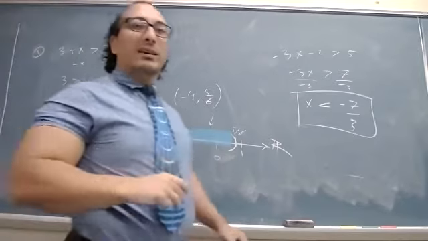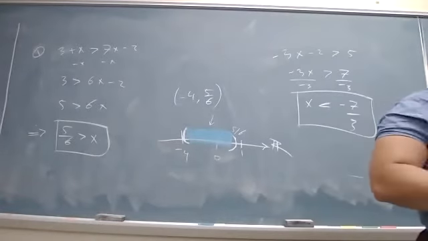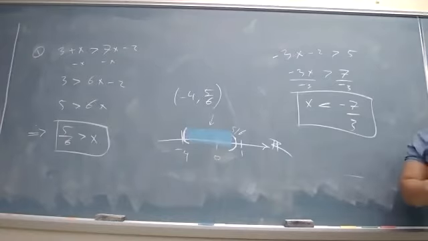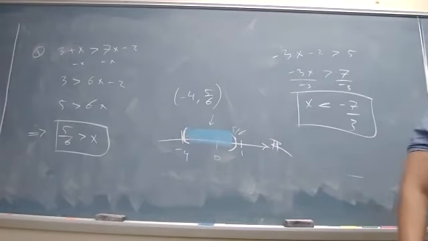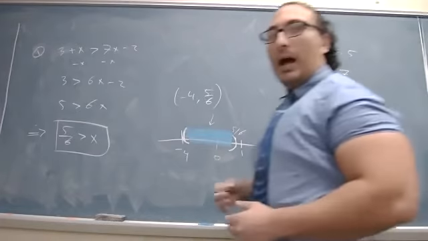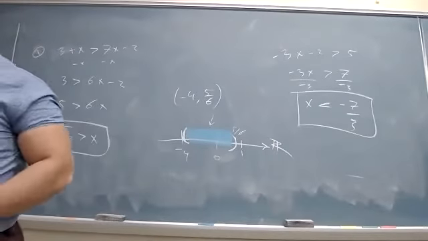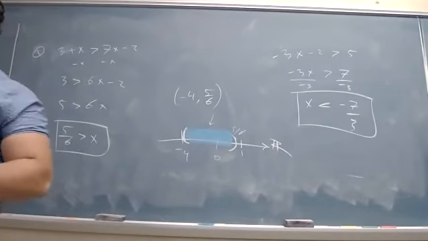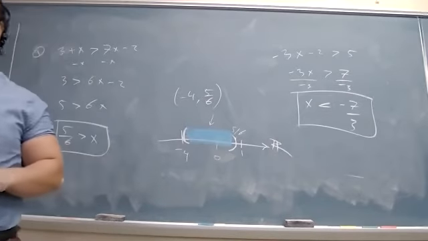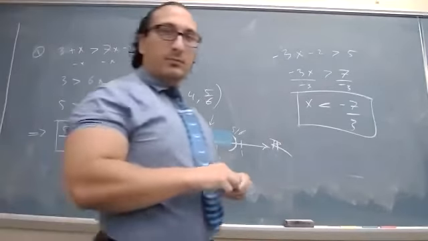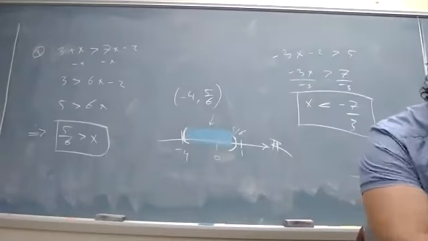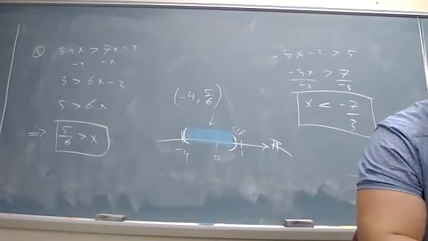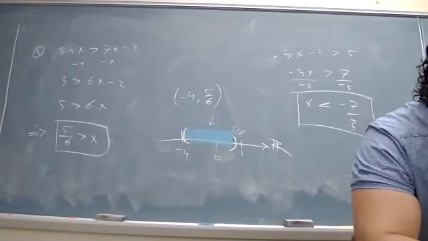Have I explained to you why multiplying and dividing by a negative number flips inequalities? Because until this day, you guys were just told to do it: multiply or divide by a negative number, flip the sign. But do you know why? Did anyone ever explain that to you?